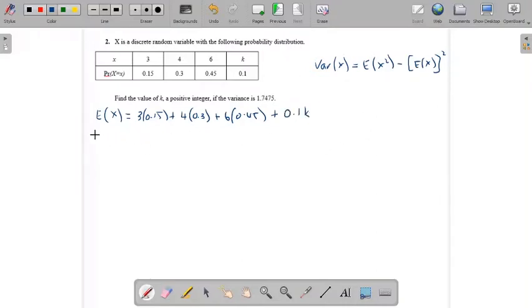Okay, we need to work out E of X squared. Well, we really need to simplify that, so I'll put that over here.